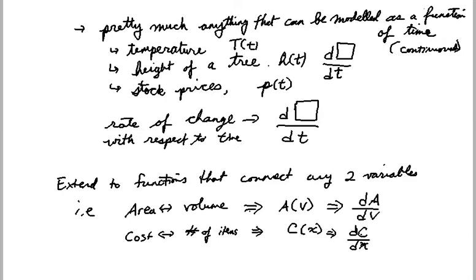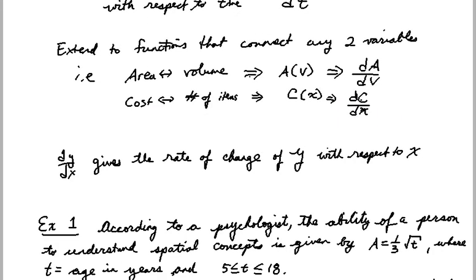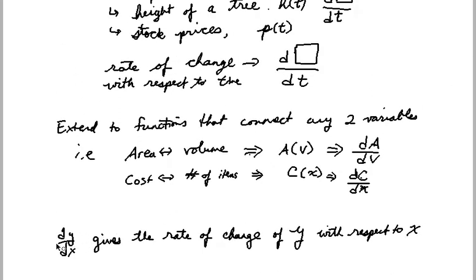It's possible since I have a function. So dy/dx would be the general form. I can take the derivative of any variable with respect to the independent variable, as long as it's a continuous function.